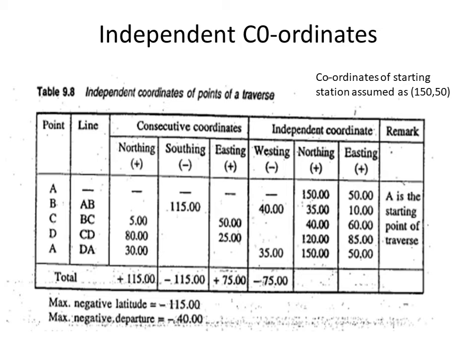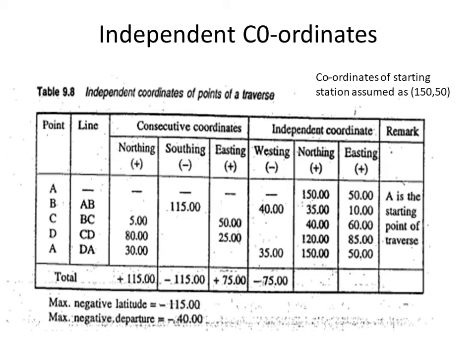Since the consecutive coordinate of line AB is 115, that is minus, this 115 has to be deducted from the northing of the independent coordinate for the point A. Therefore 150 minus 115 gives you 35. Similarly, for the easting, it is plus 50 and the westing for line AB is minus 40.